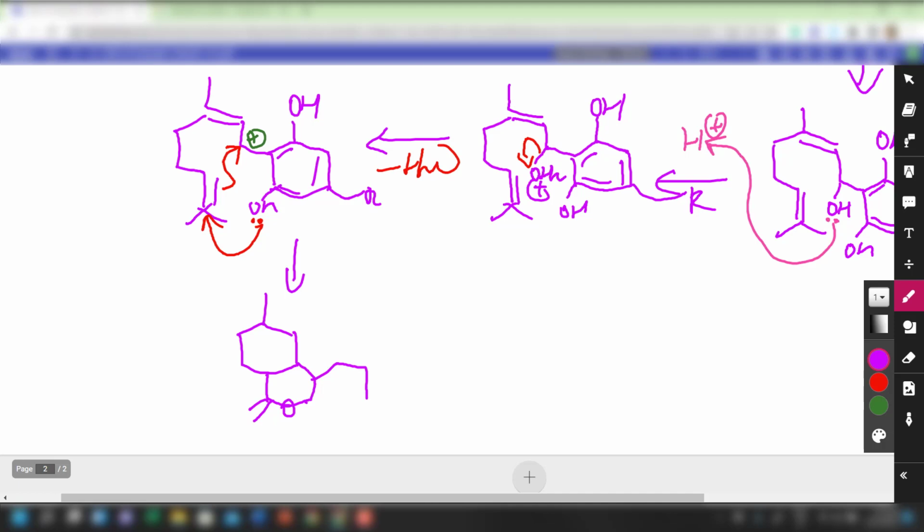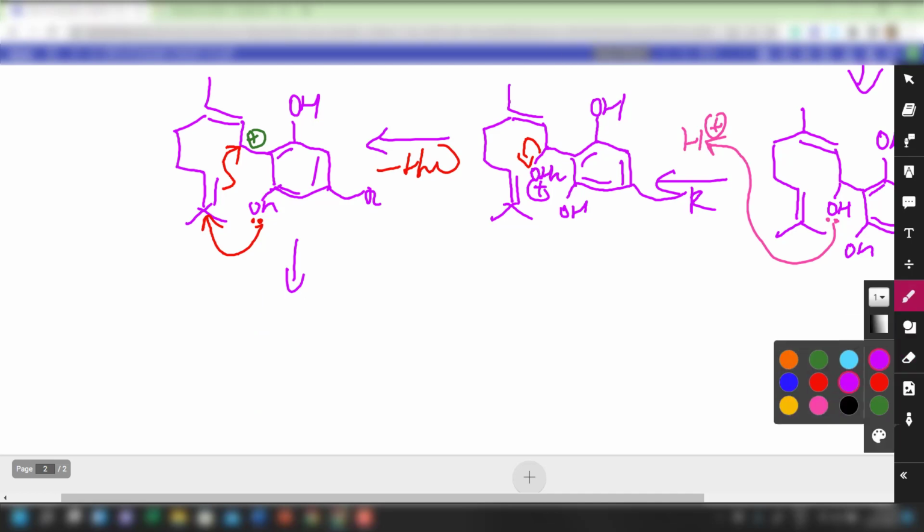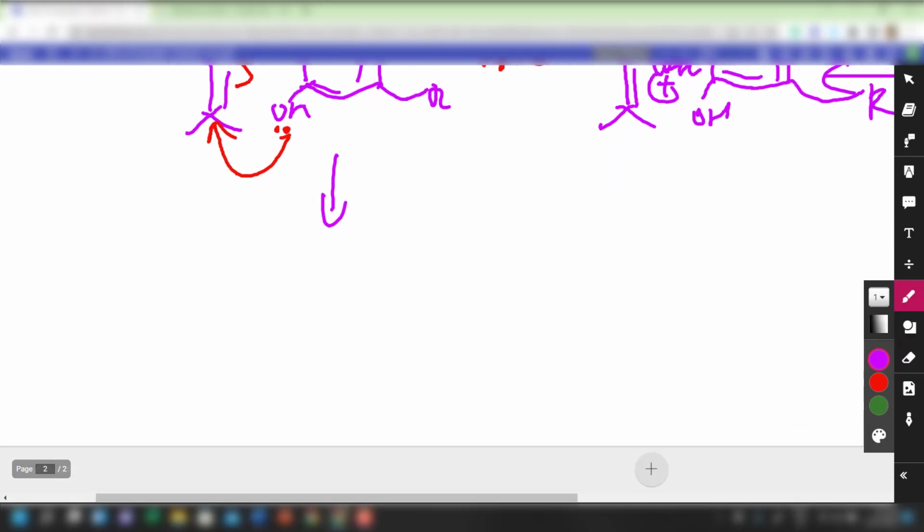Sorry, I think I'm just going to redraw it again. This portion doesn't look very nice. I think I need to draw it a little bit sharper, so that I do not misrepresent the structure in any way. I think this will make a little bit more sense.